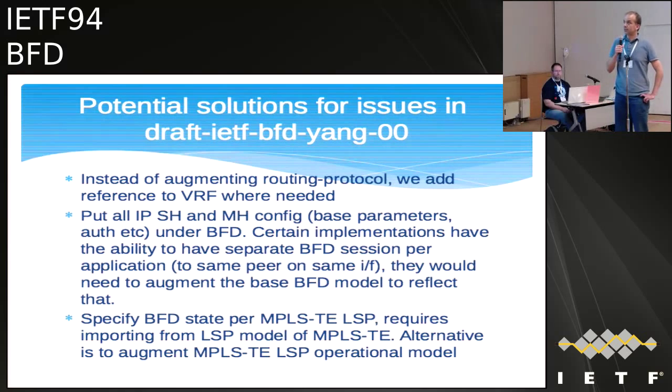To support that, we were looking at ways to support that in the base model, but we haven't found a way to do that which would work for implementations which don't support that. So our current proposal, with the centralized BFD configuration, is that implementations which have that special behavior would need to augment the base model. But this is something which is not closed yet. It's discussions which are ongoing.